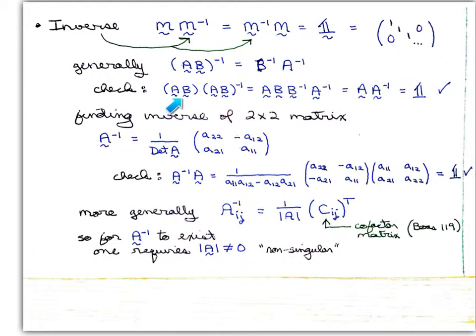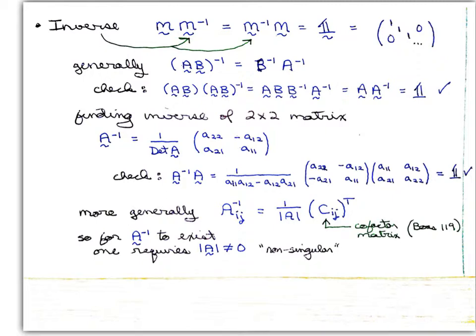I write AB times its inverse ought to equal 1, and let's assume that the inverse of the product is in fact the reverse order product of the inverses. In that case, the B B inverse cancel out and become an identity matrix, so we're left with just A A inverse, which again combine to give the identity matrix.